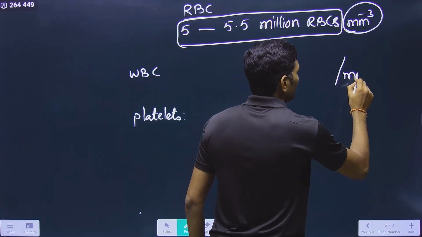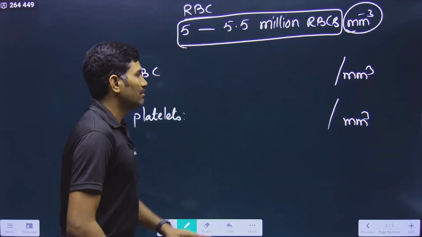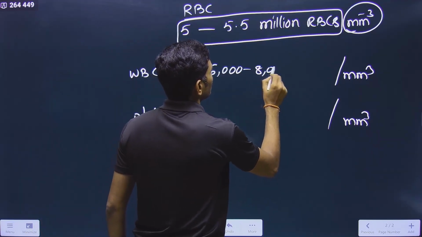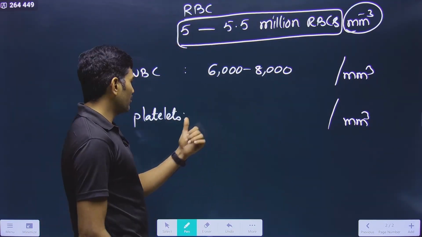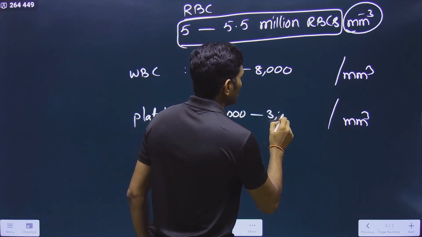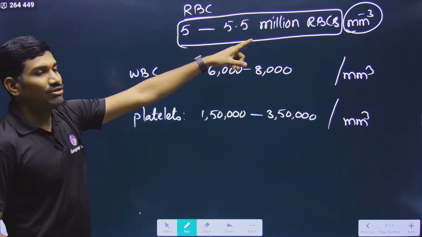Here we are taking 1 millimeter cube only. All the three we are comparing for 1 millimeter cube. But how many WBCs are present? Just 6,000 to 8,000. Whereas platelets, you see 1,50,000 to 3,50,000, these many cells are present. But here 5 to 5.5 million.